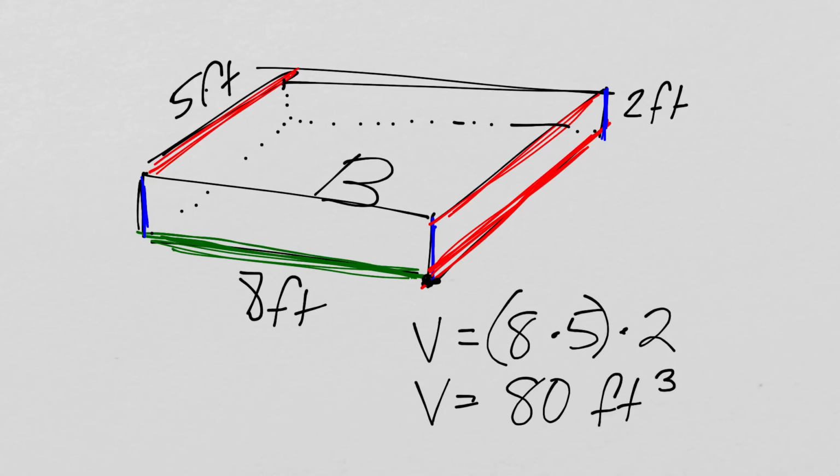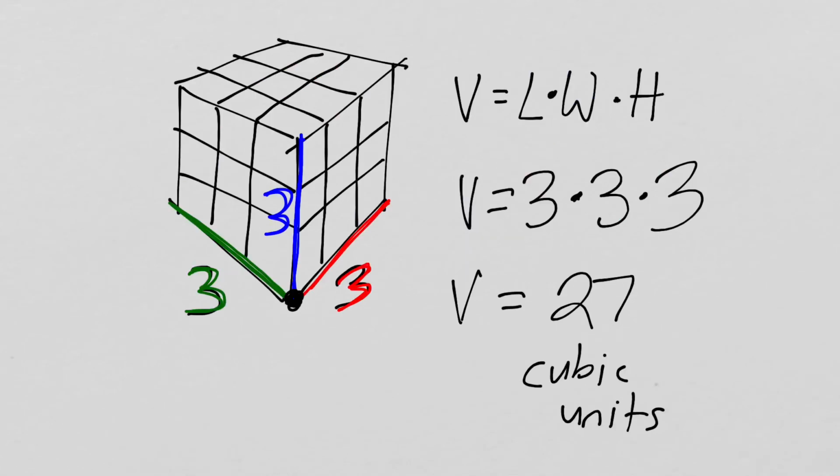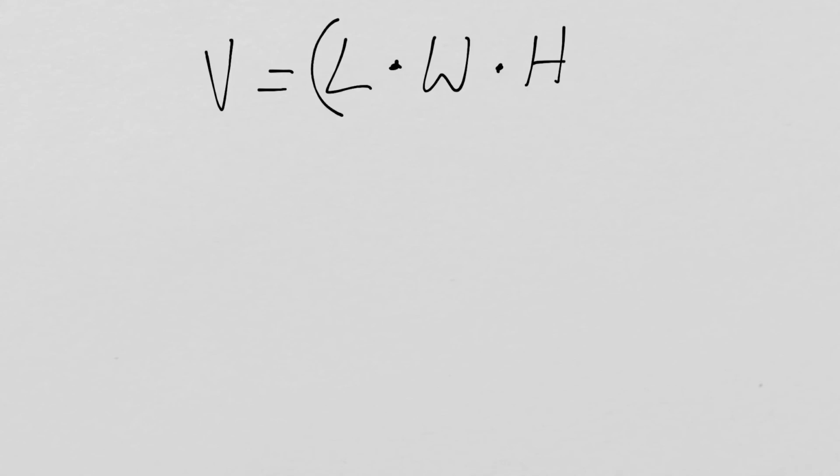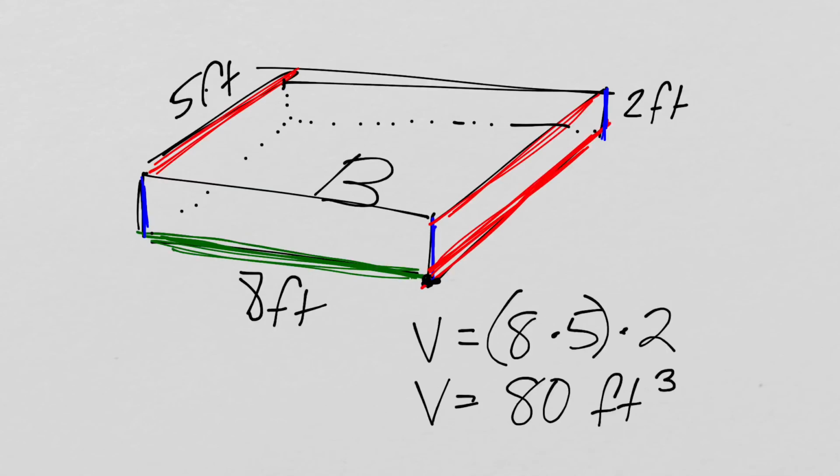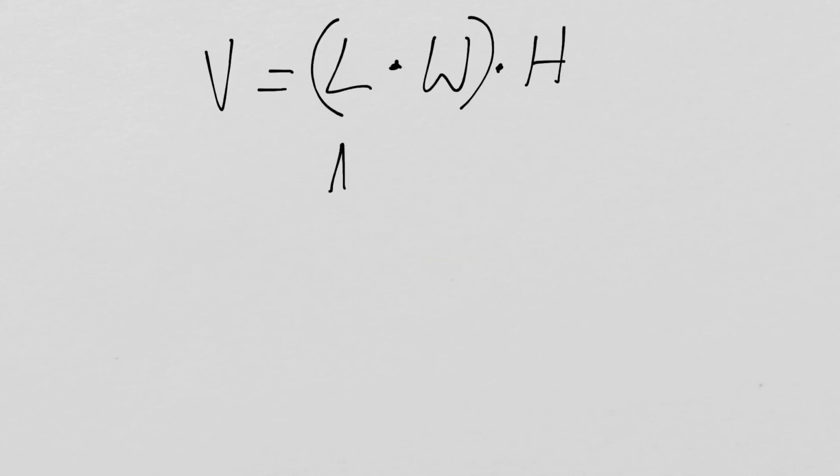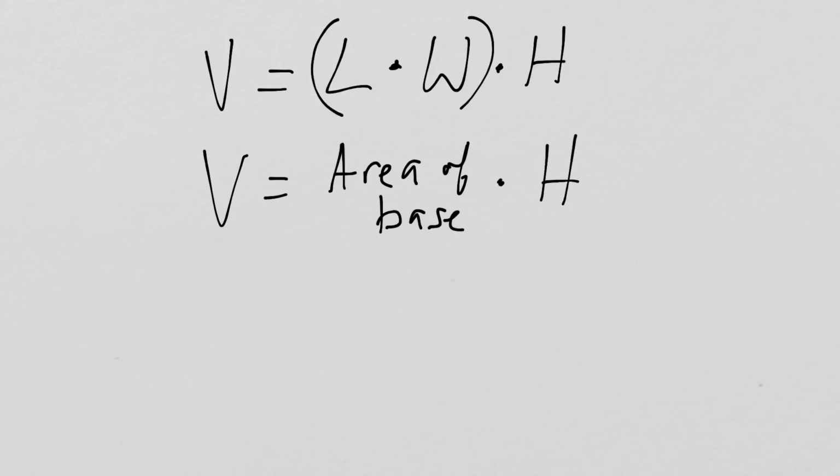So the other formula, let's go forward. The other formula, aside from volume equals length times width times height, takes the length times the width, which as we see is the area of the base, right? And it calls it area of base. So volume equals area of base times height.